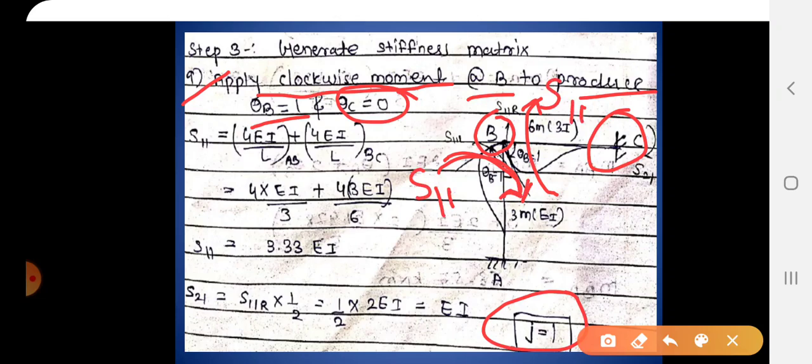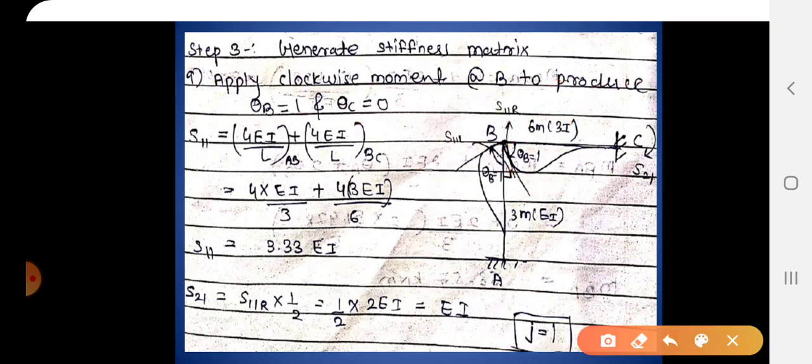Actually for this frame we have to nominate these as S11AB and S11BC, but for convenience I am taking these as S11L and S11R. Here we have got S11L and S11R, and C is again a fixed support. Therefore this moment will get carried over, half, to end C. Therefore this will be S21.